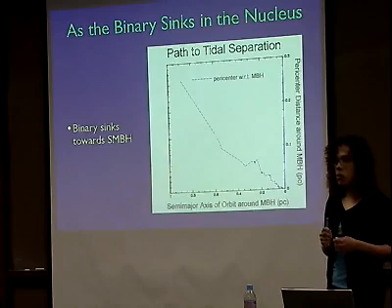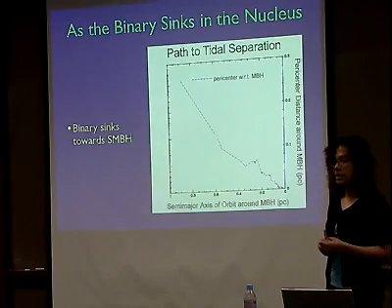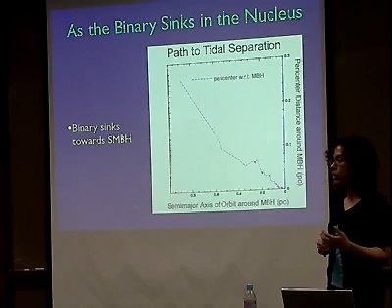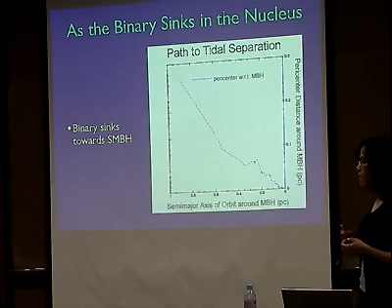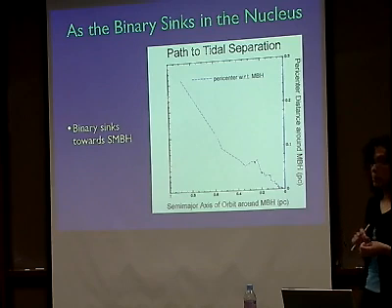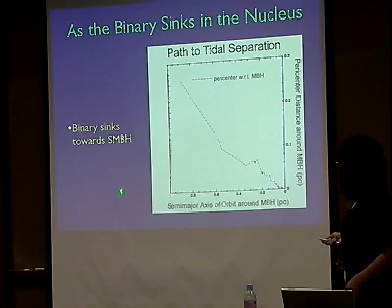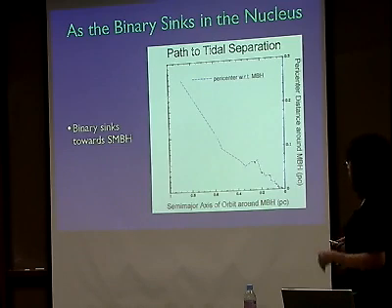So before the binary reaches the supermassive black hole at the center of the nucleus, it's going to have many three-body encounters. I've done simulations that track what happens to the binary as it sinks. Here's a plot of the semi-major axis of the center of mass of the binary around the massive black hole versus the pericenter distance.